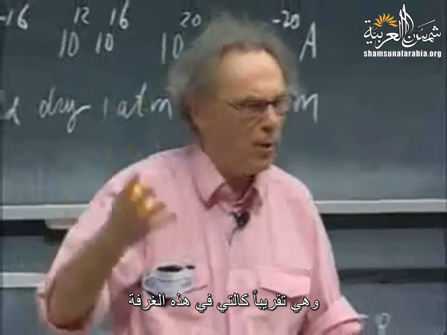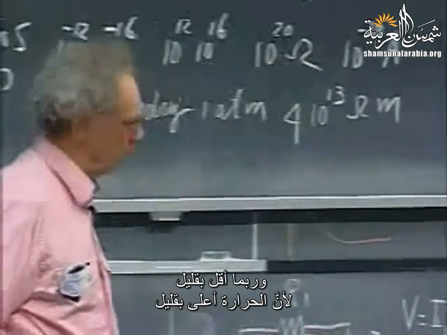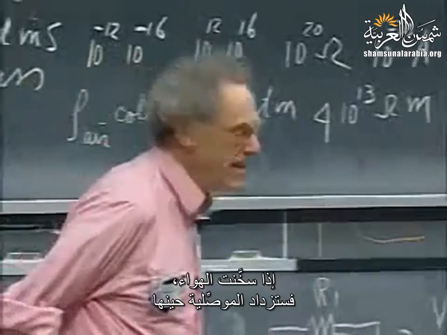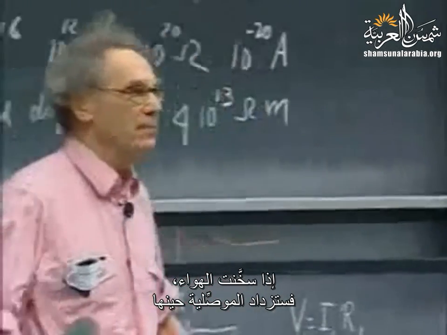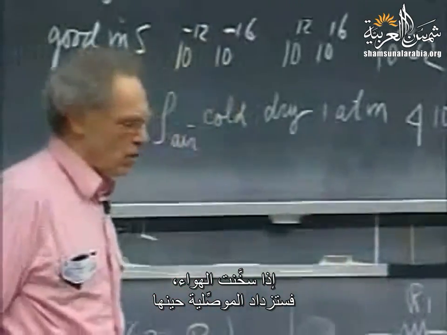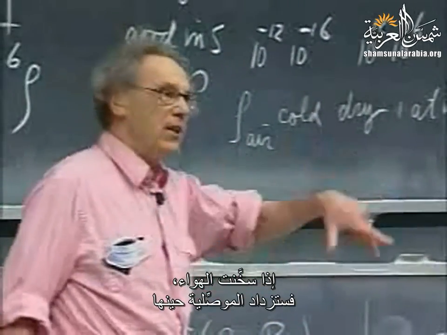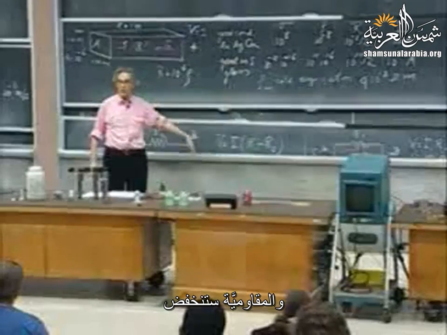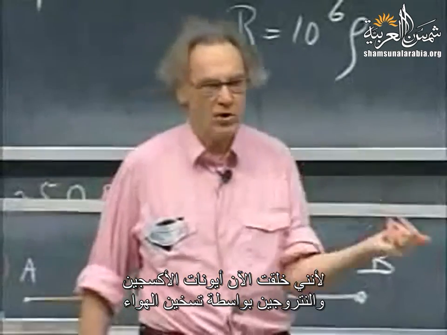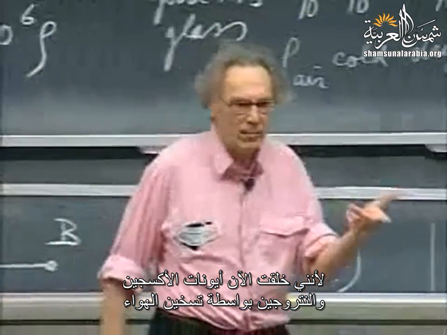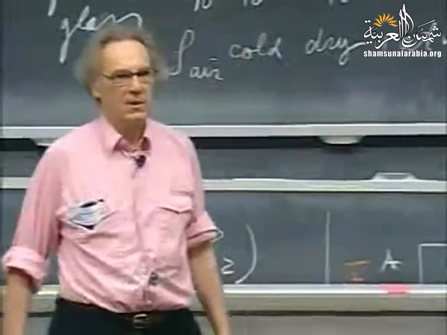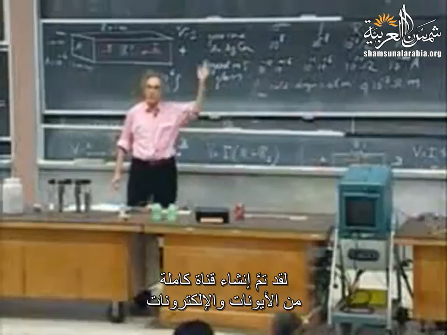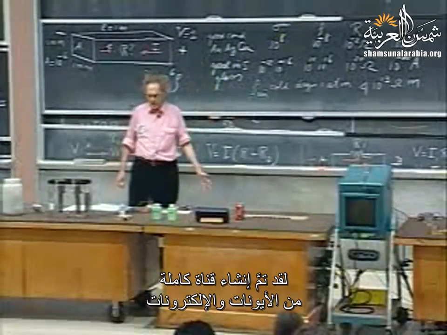That is the resistivity of air. It is about what it is in this room, maybe a little lower because the temperature is a little higher. If I heat up the air, then the conductivity will go up. Resistivity will go down, because now I create oxygen and nitrogen ions by heating up the air. Remember when we had this lightning, the step leader came down, and we created a channel full of ions and electrons.